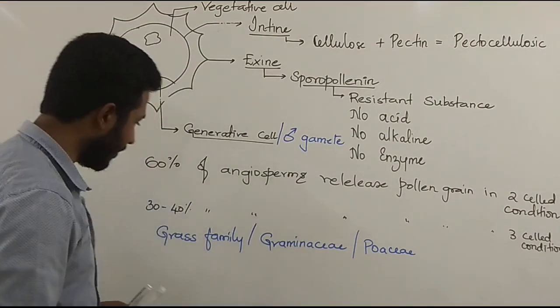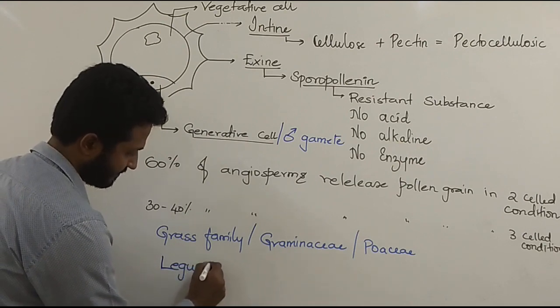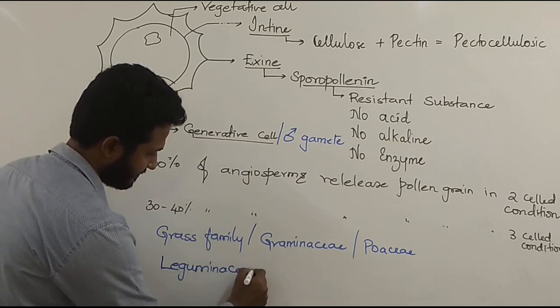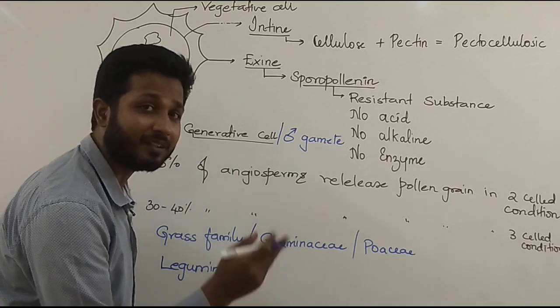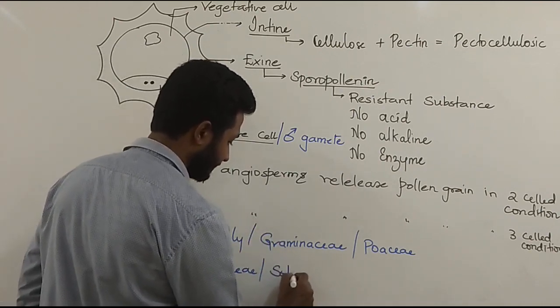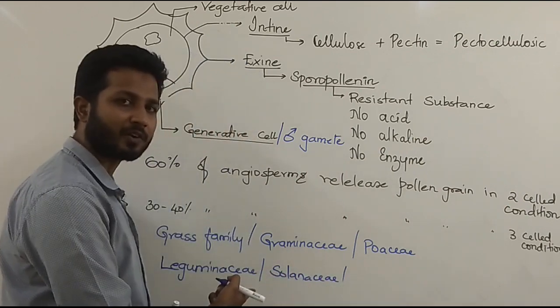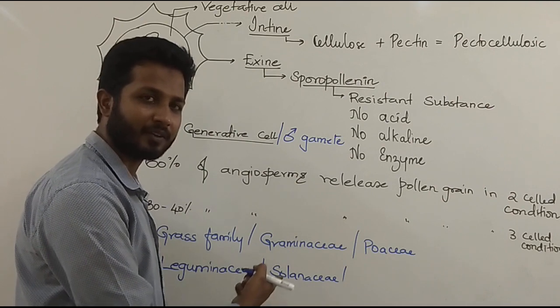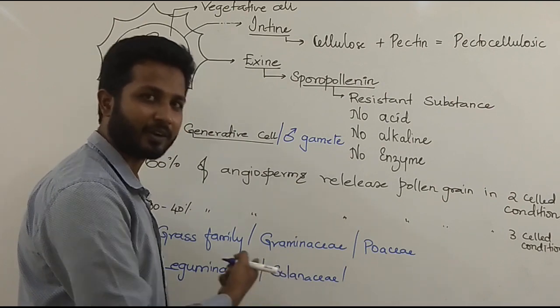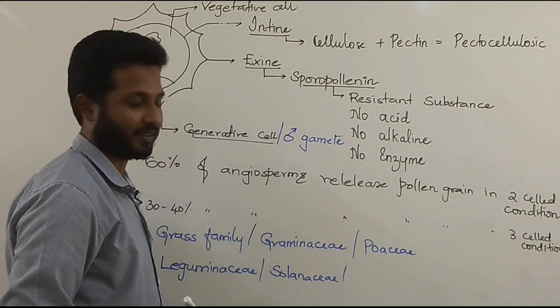Supposing we talk about Leguminaceae, the dal family, all dals that you are eating belong to Leguminaceae. Okay? Solanaceae, maximum vegetables belong to this. Bhindi, then tomato, potato, brinjal belong to this particular family. Okay?